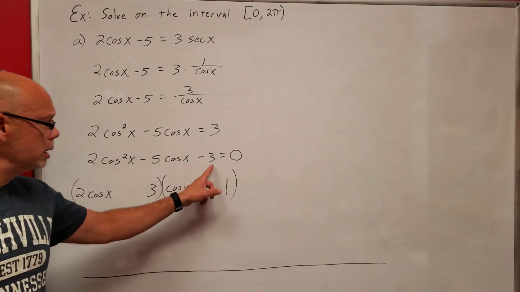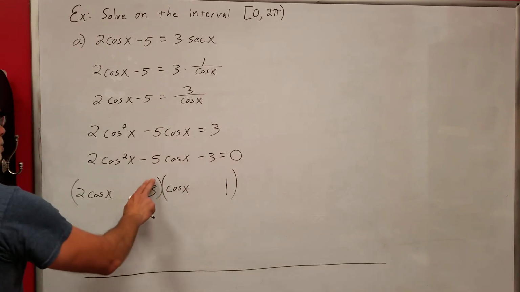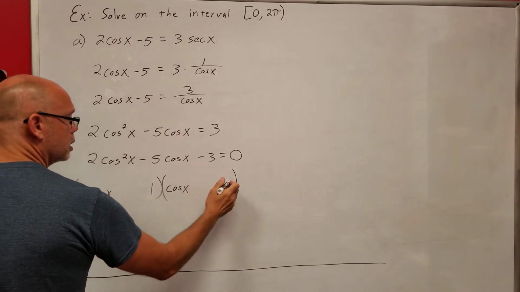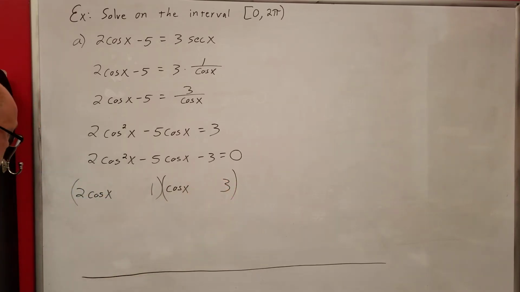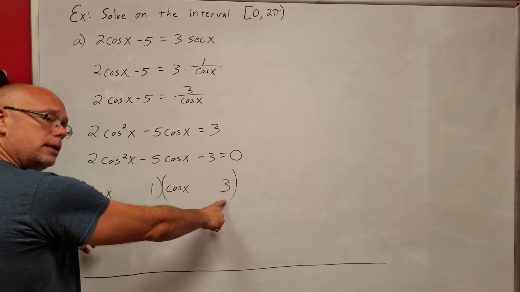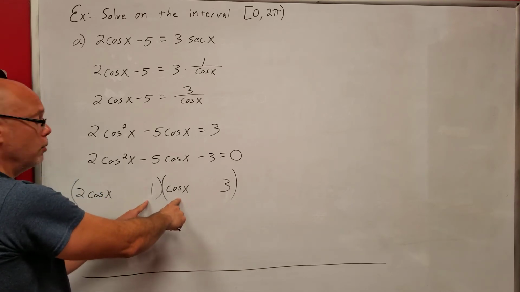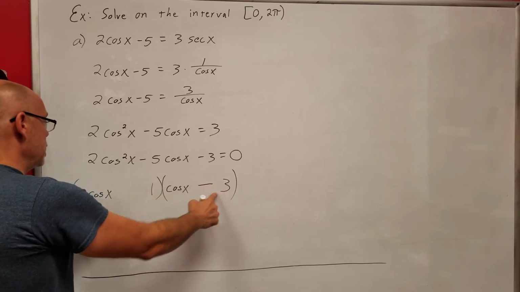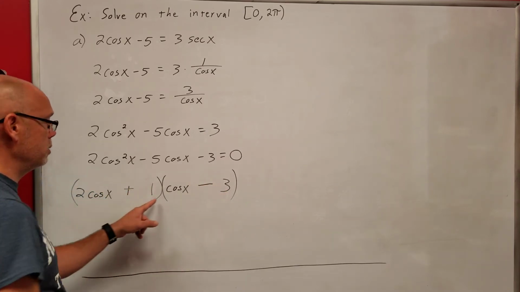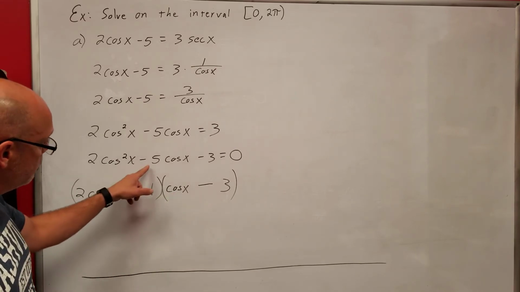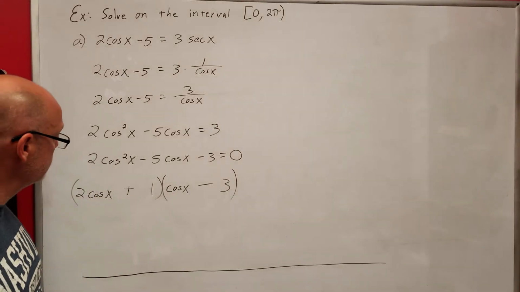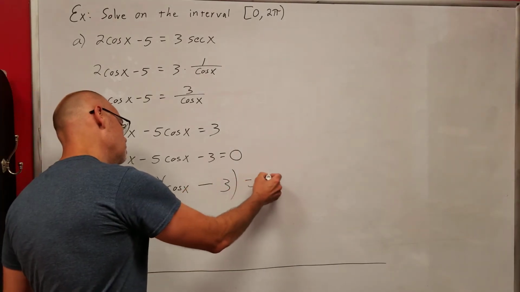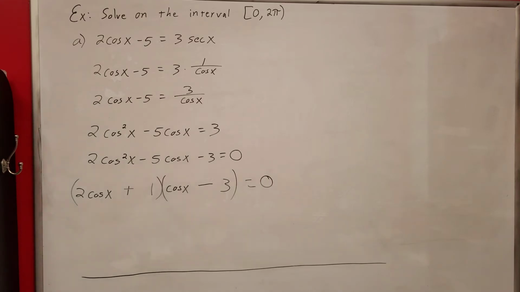No, not to come out with a negative 3 there. So what if I put 1 here instead and 3 there instead? Now multiplying out, I get 6 cosine of x, and I get 1 cosine of x. Well, if I make that 6 cosine of x negative, and that 1 cosine of x positive, that'll add up to negative 5 cosine of x, and 1 times negative 3 gives me negative 3. So there we go, we have the correct factorization.